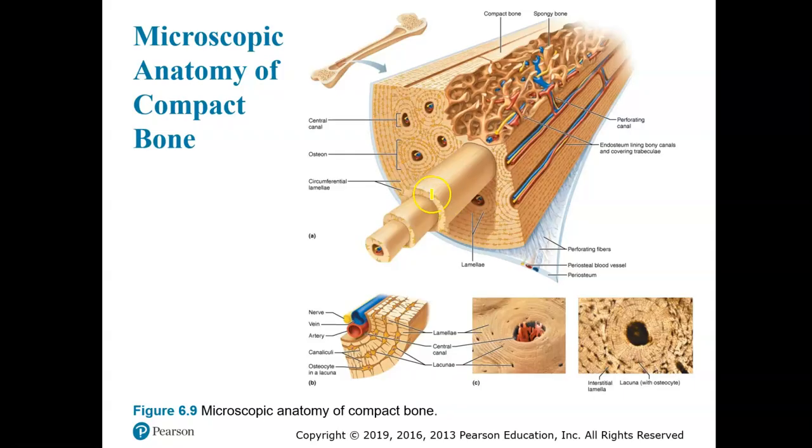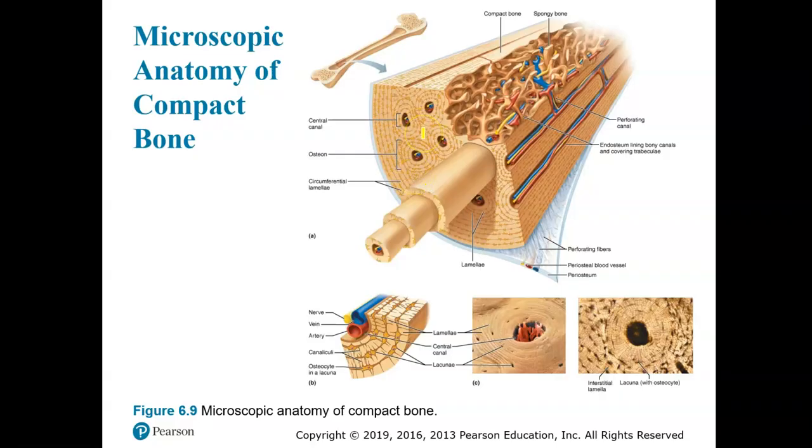So this is what it looks like. You have osteons. This is an osteon. This is an osteon. I'm looking at 1, 2, 3, 4 osteons here at the top. And those osteons are composed of lamellae. And then we have lamellae in between the osteons.